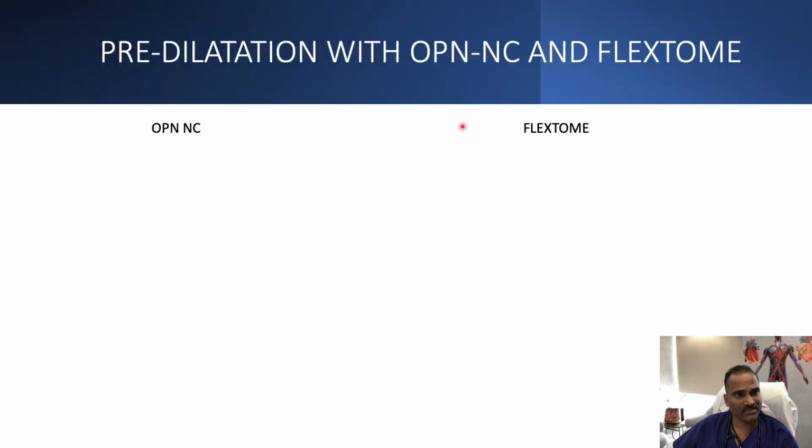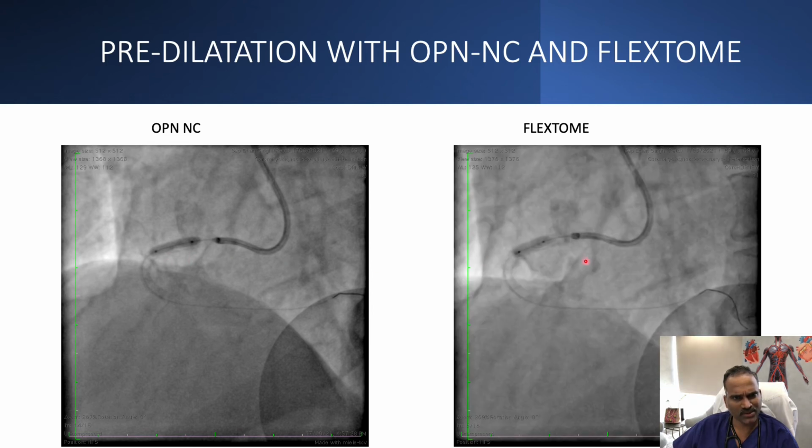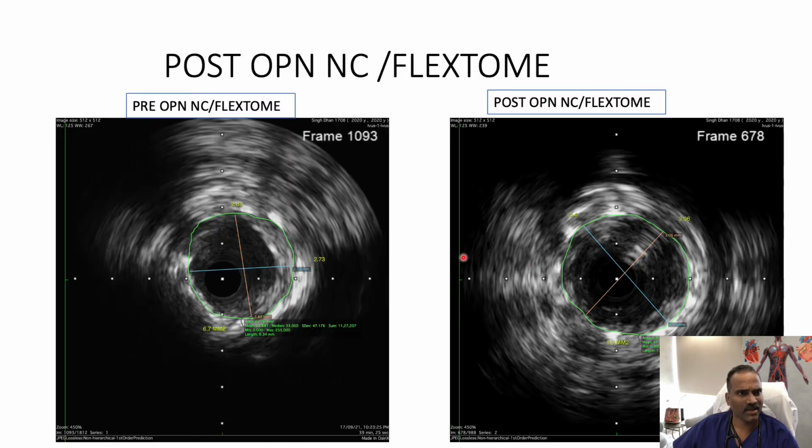So what we did is we used an OPN NC at this point, 3.5 OPN NC. We can see here still there is some kind of a napkin ring here. So then I used a FLEXTOME at that point. So finally, post OPN NC and FLEXTOME, we could achieve a good luminal gain.